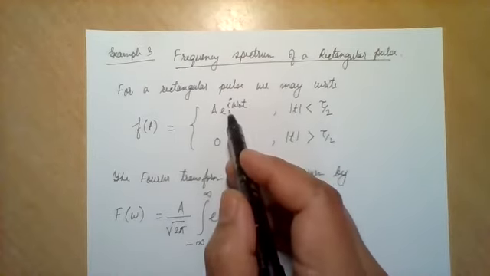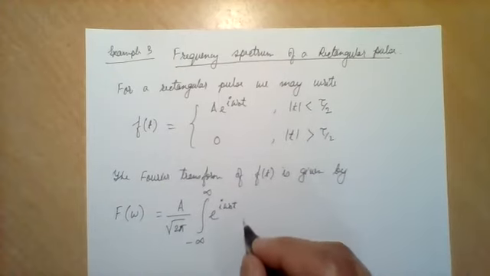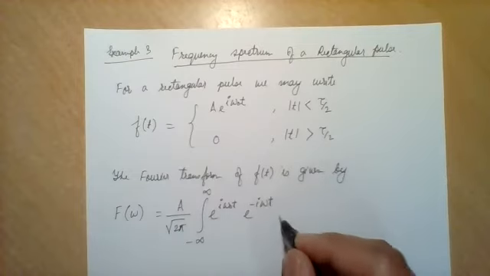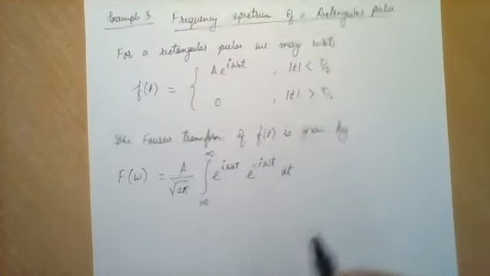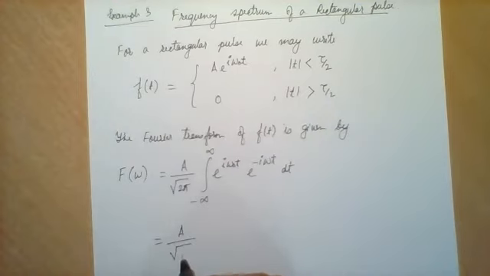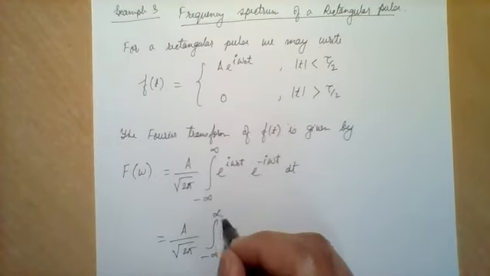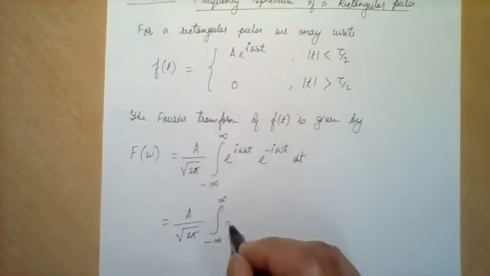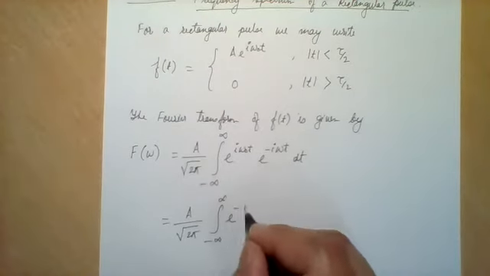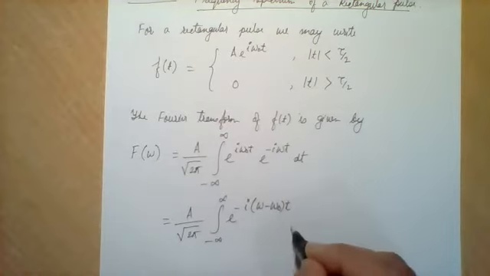Then by definition, we have e to the power minus i omega t dt. And this is equal to A by root over twice pi, integration from minus infinity to plus infinity, e to the power, I can combine these two terms, minus i (omega minus omega naught) t dt.